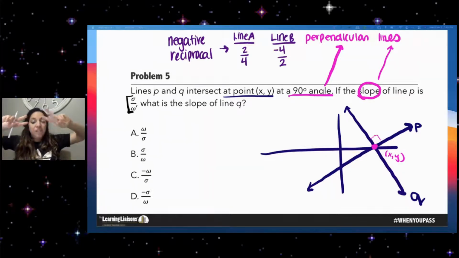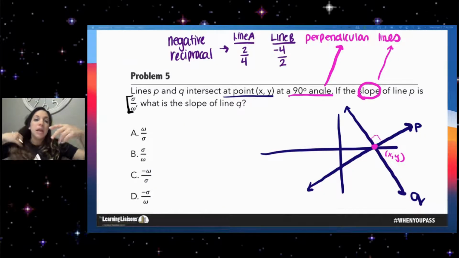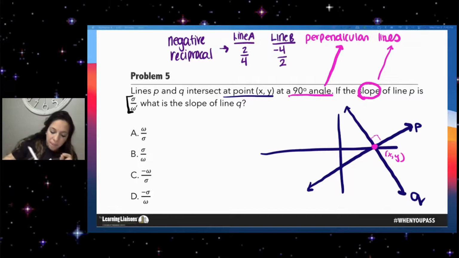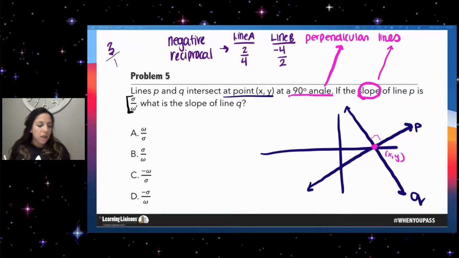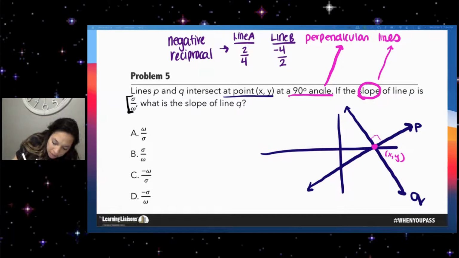Reciprocal means I'm flipping the fraction. Here's where people get caught up. What if the slope of line A is just 3? Well, you can always put 3 over a value of 1, and that way when you flip it, it becomes negative 1/3.